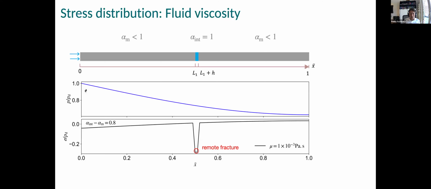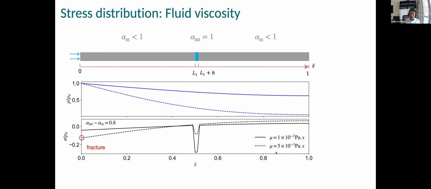Here the pressure profile is computed based on the water viscosity, 1E-3 Pascal second. But if we have a higher viscosity fluid, 5 times higher viscosity, then this stress profile shifts again.